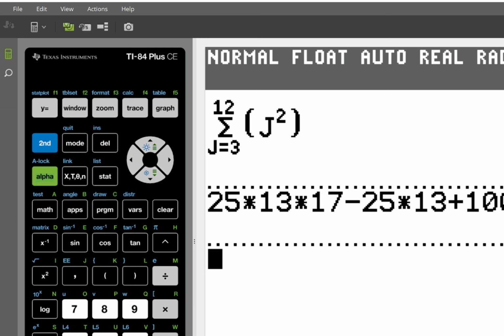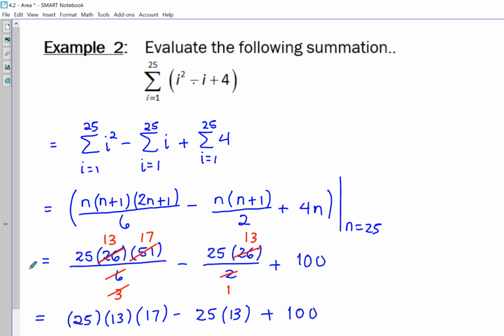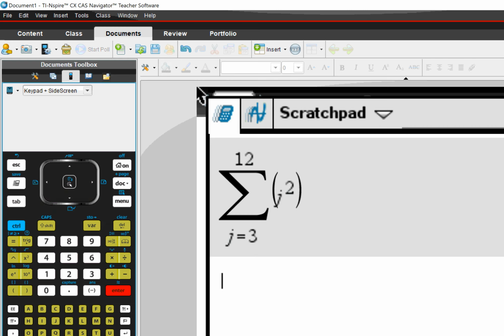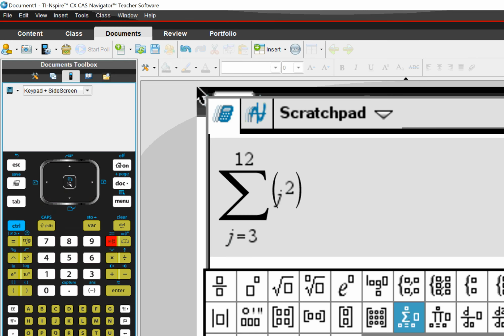I'm going to double check this by using the TI Inspire to ensure that we get 5,300. Let's go ahead and move over to that software. Once again, we'll go into the math template, and we'll use this option where i is going to start at 1 and move up to 25.